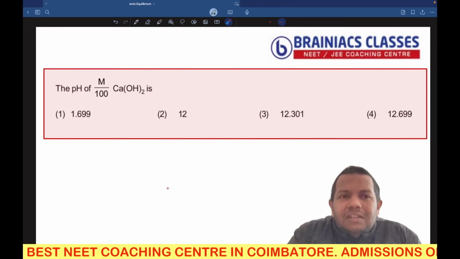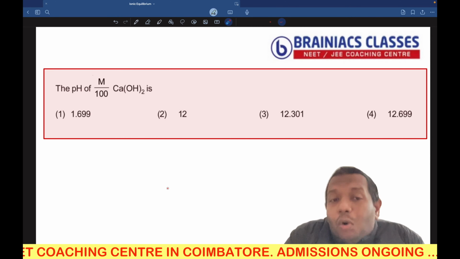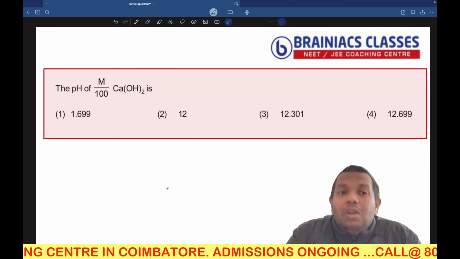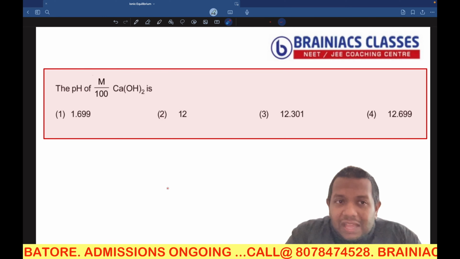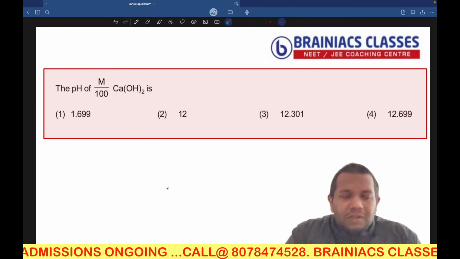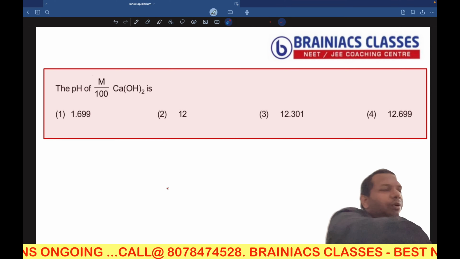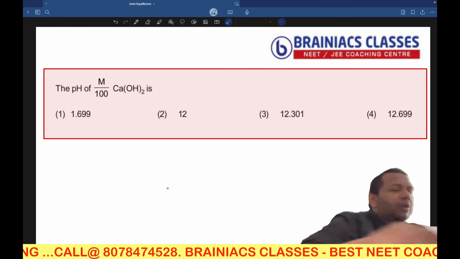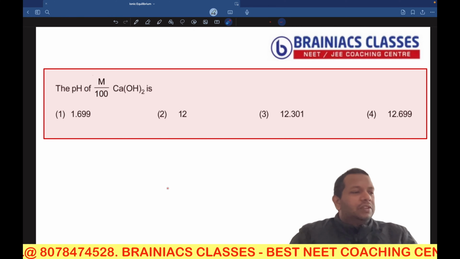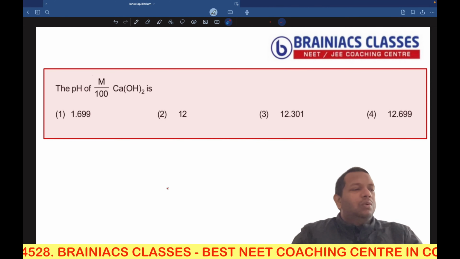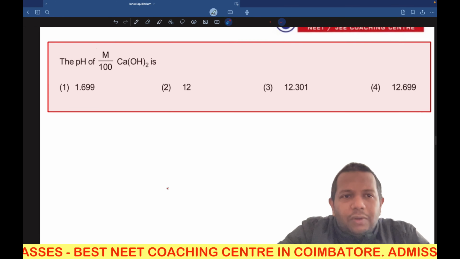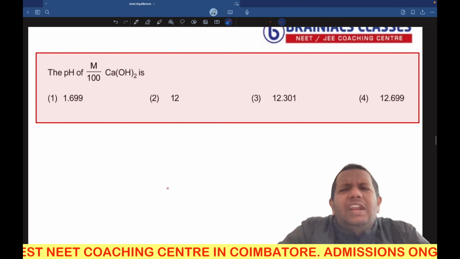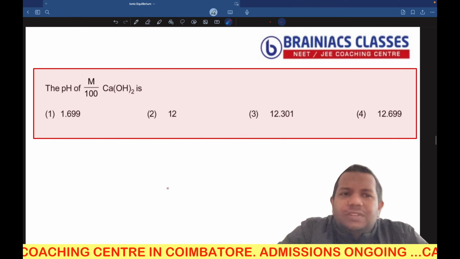Please understand, you need to calculate pOH here. Then you need to find the relation between pH and pOH, and from that calculate the pH. Very, very important. That's why I told you I will put all the different types of questions here, and you only need to focus on the approach we are following. Do it 2 to 3 times so that your concepts are crystal clear.